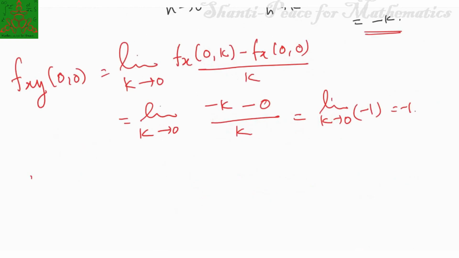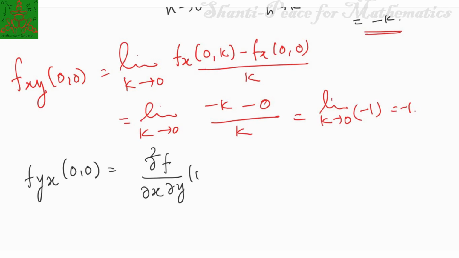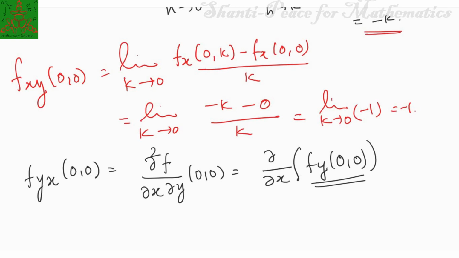Let us calculate what is f_yx at (0,0). f_yx at (0,0) is ∂²f/∂x∂y at (0,0), which we can write as ∂/∂x of f_y at (0,0). So first I need to calculate f_y at (0,0).